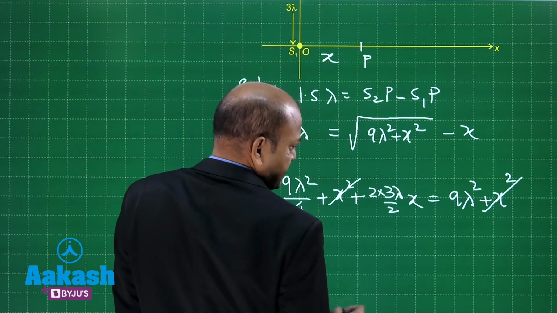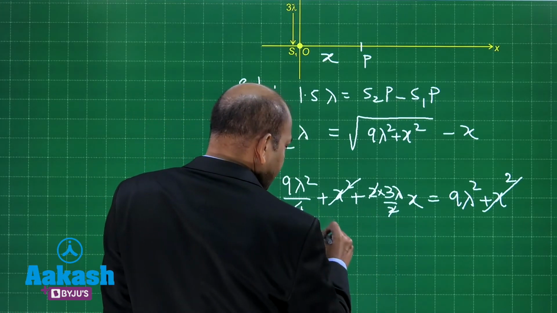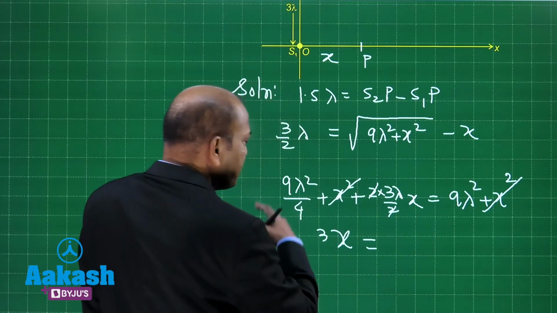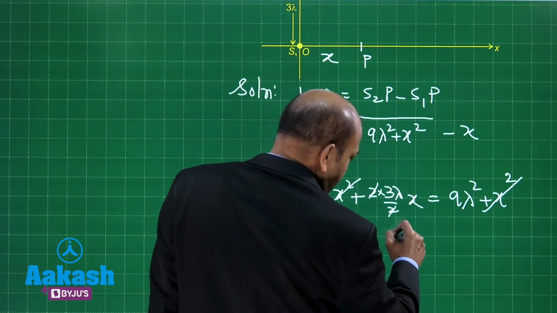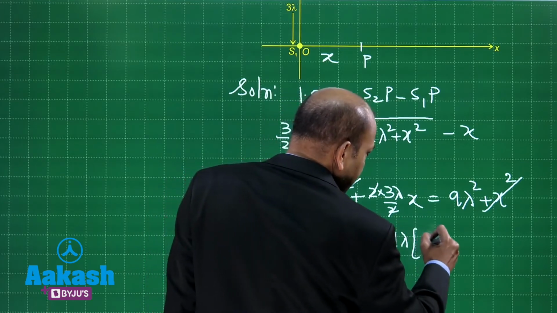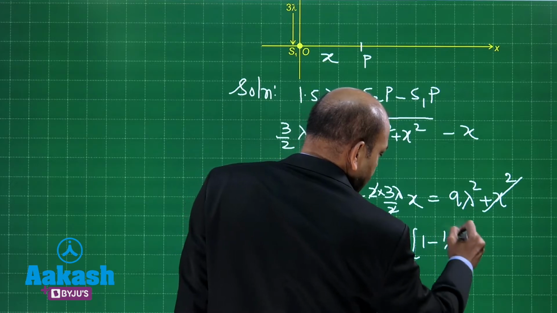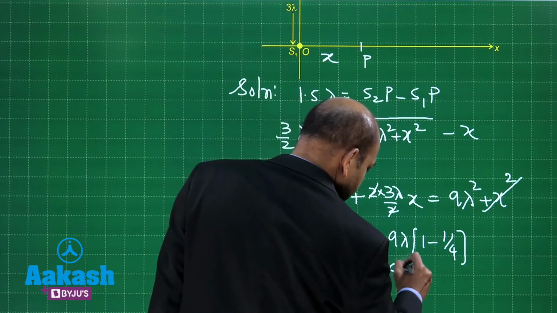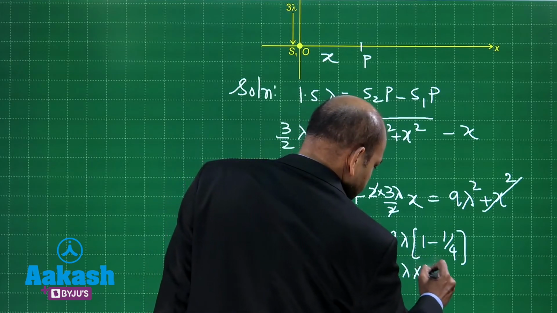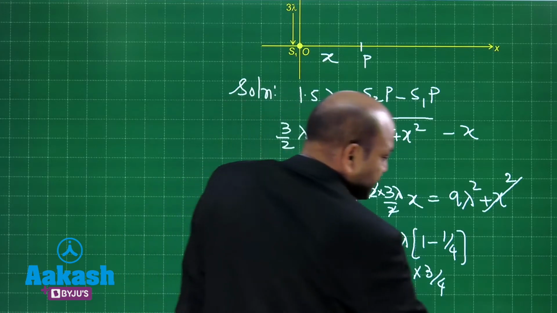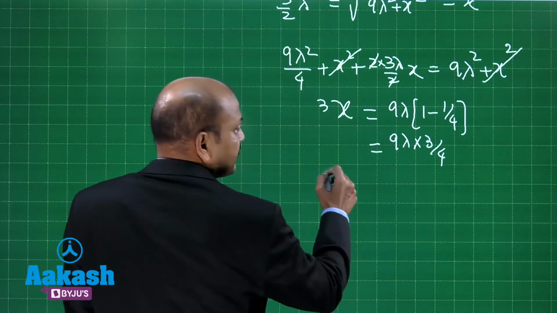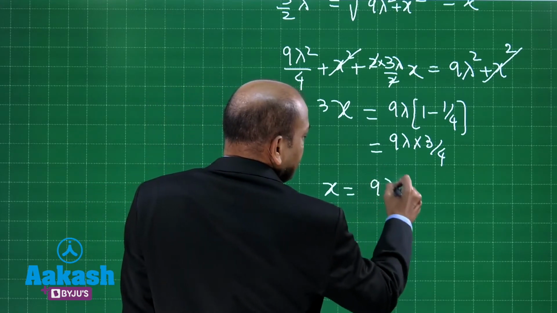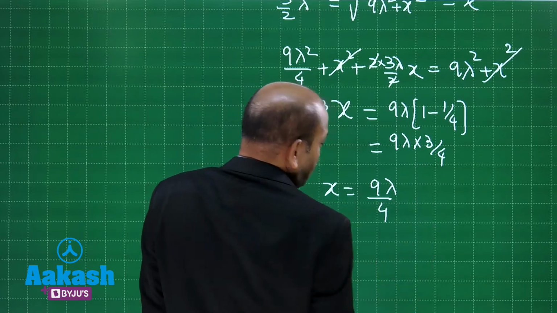What we are finding is that 3 lambda times x is becoming equal to 9 lambda square minus 9 lambda square by 4, or 9 lambda square into 1 minus 1 by 4, which is 9 lambda square into 3 by 4. And that gives us the value of x very easily. We find the value of x is coming out as 9 lambda by 4.